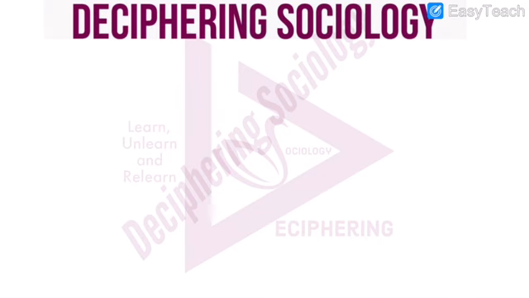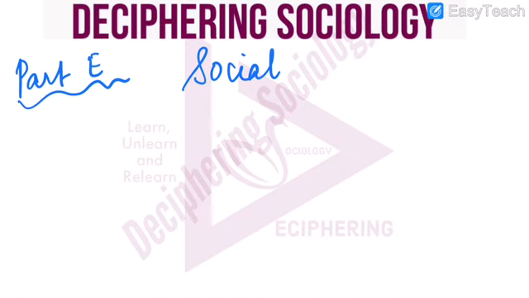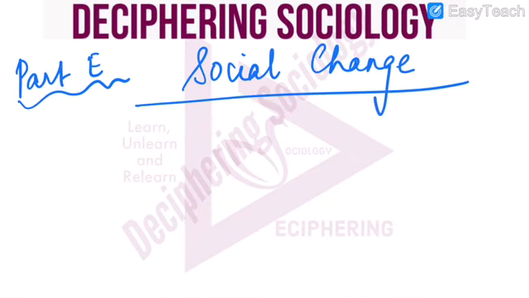Once we read them, once we understand them, finally we read about social change. This is very important. Every society undergoes certain change, and this social change has many agents. So we study the different agents of social change.